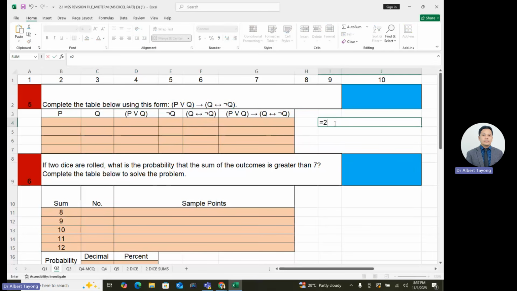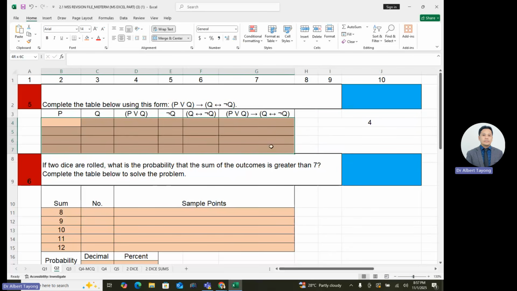It's going to be 2 raised to the power of 2, which is equal to 4. So we have 4 possible outcomes. And here I shaded already 4 rows. Of course, if this is not given, you need to insert 4 rows here.